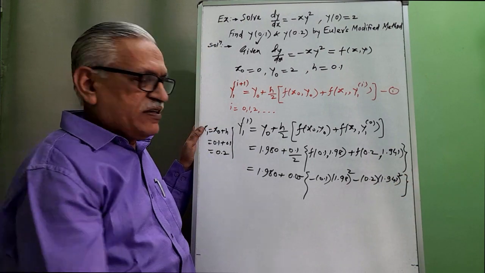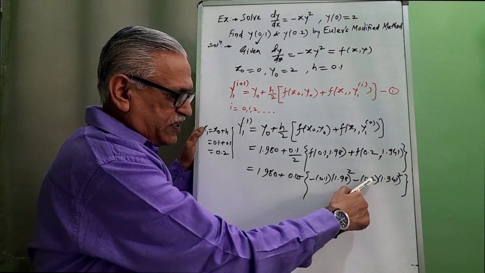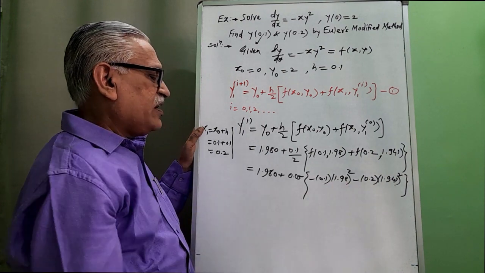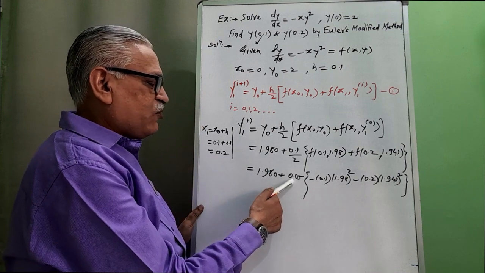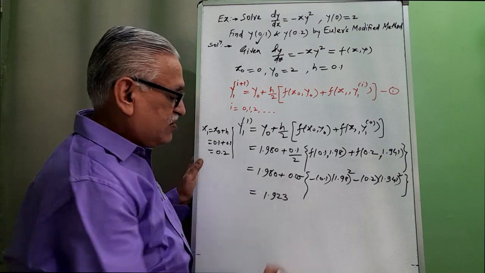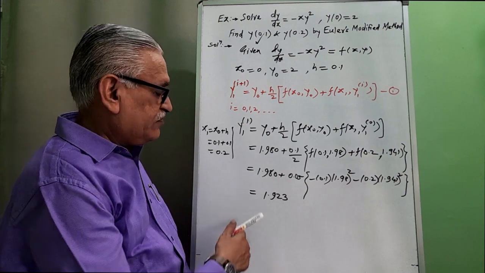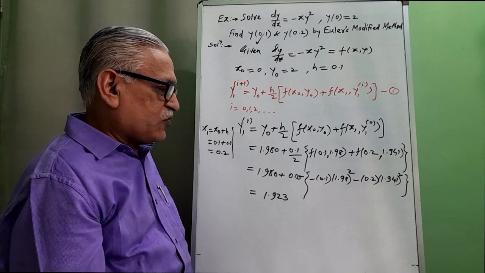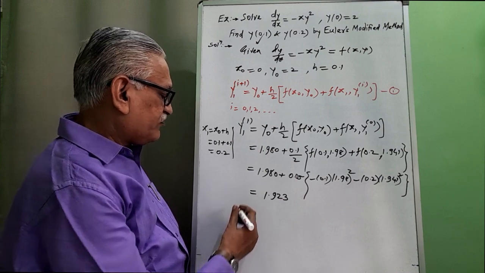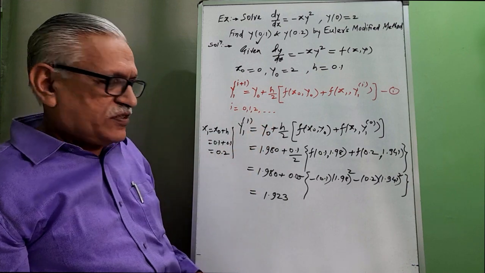Then performing by calculator, square of this multiplied by 0.1, square of this multiplied by 0.2, and adding, multiplying it by 0.05 and adding with 1.980, we get 1.923 as the first approximation.